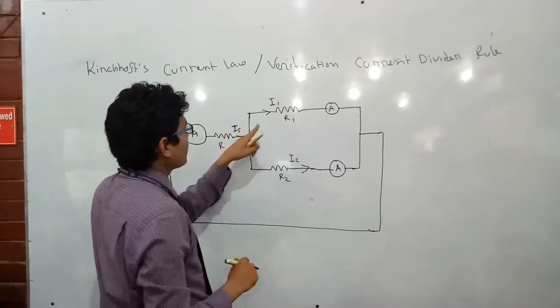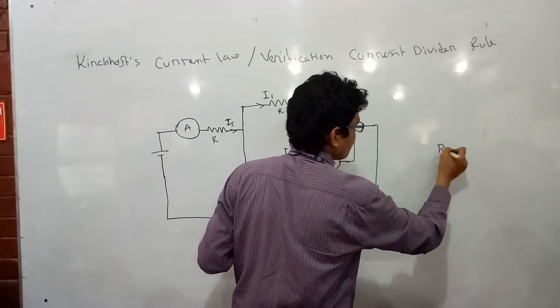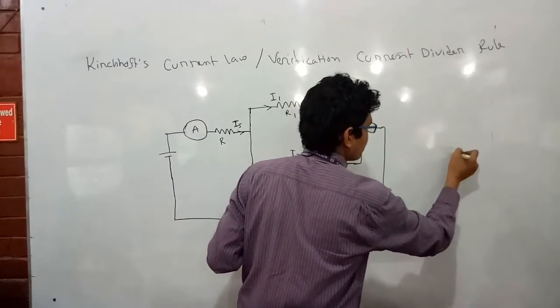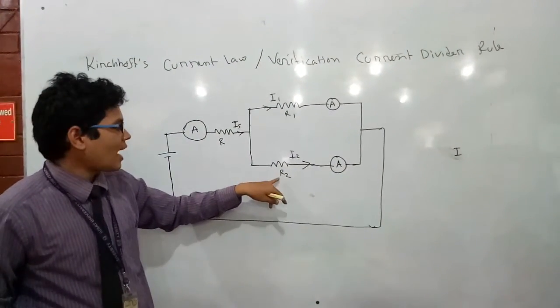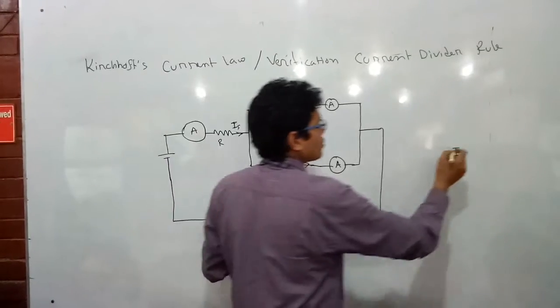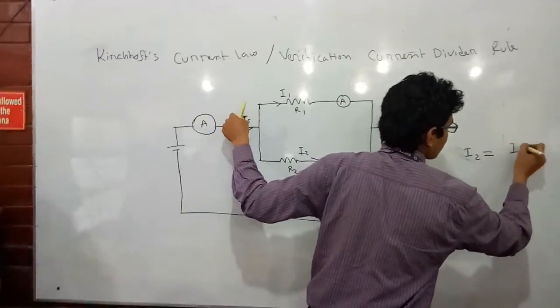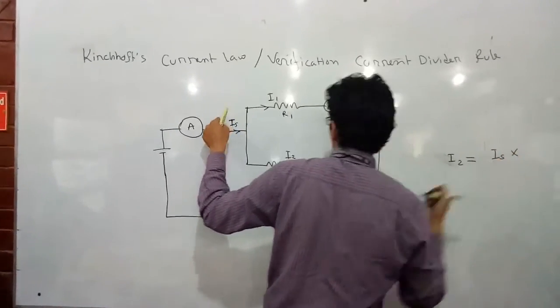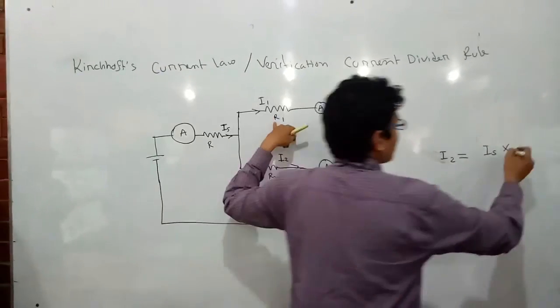So any branch current, maybe that's R2. Oh, sorry, I2. The current flowing in this branch is I2, right? So this I2 will be the total supply current, IS, times the opposite resistor. What is the opposite resistor? R1. So that's R1.